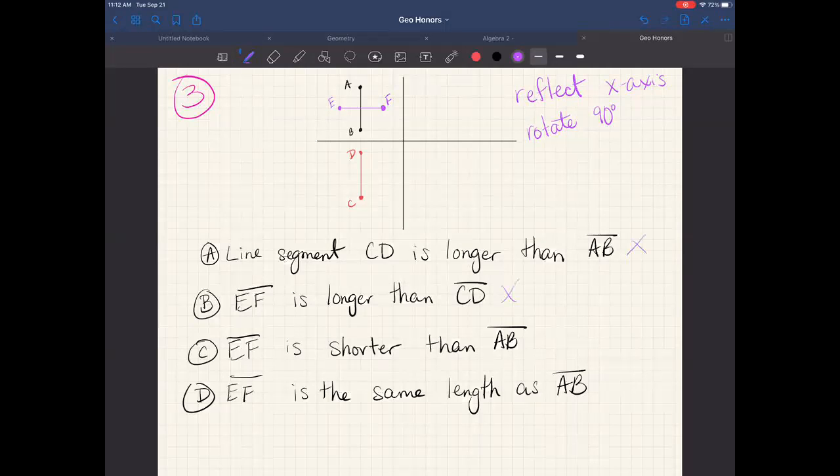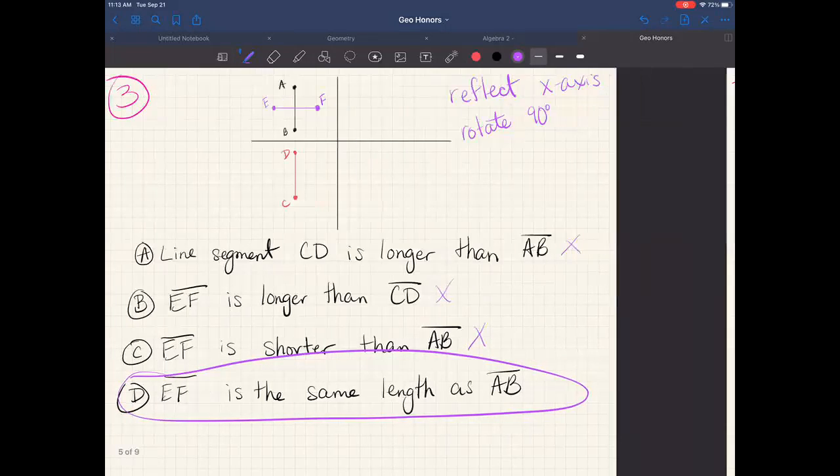Again, it's not going to be longer. Definitely not going to be shorter. So they are the same length, right? Nothing changes. There's no dilation by a scale factor of 5 or something like that. It's just going to stay the exact same size. Okay. Any questions on number 3? This one isn't so bad.